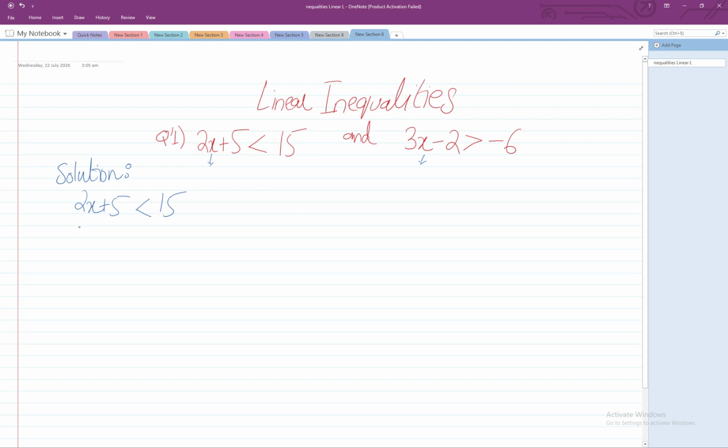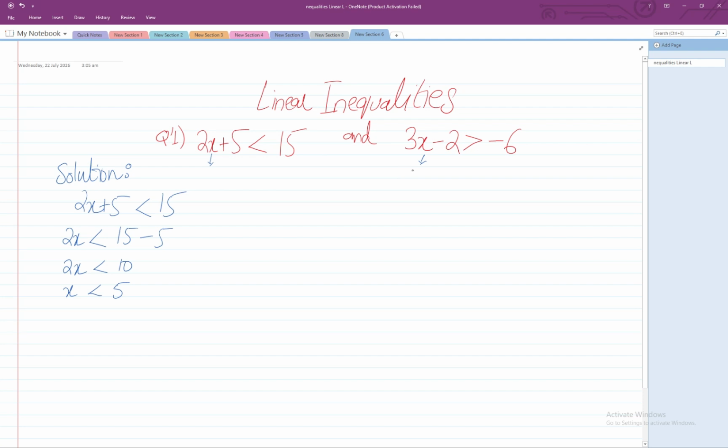The 2x remains here, and the 5 will move, so it will be 15 - 5. 2x is less than 10, and x is less than 5. So all values of x are less than 5, not including 5.